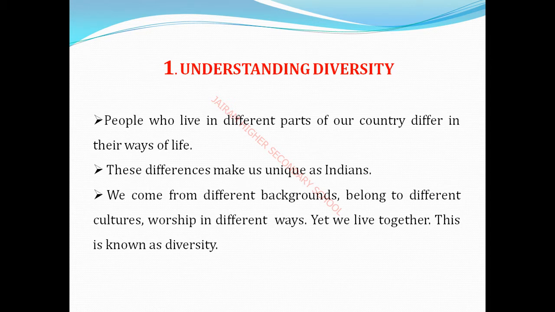In our country we are from different states and our ways of life are different, but we are living together in oneness. So these differences give us the unique characteristics of Indians.